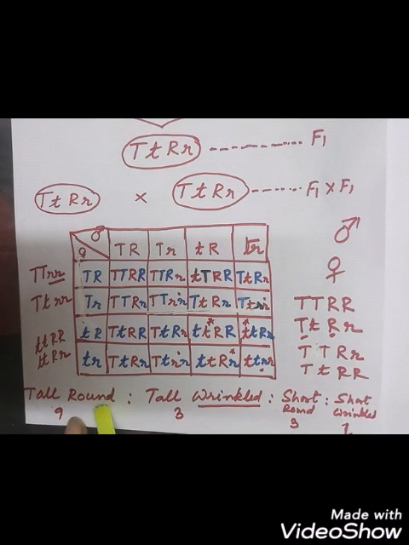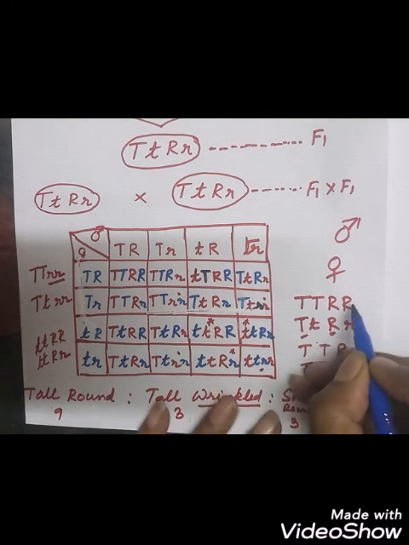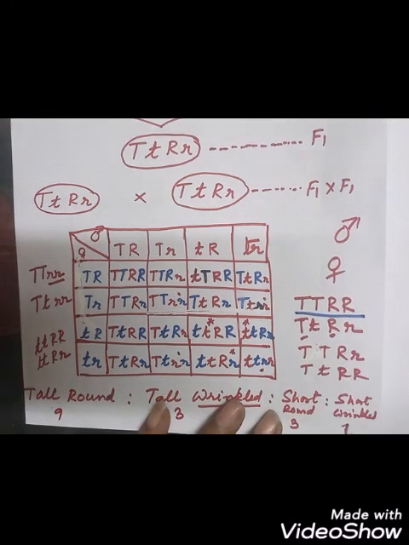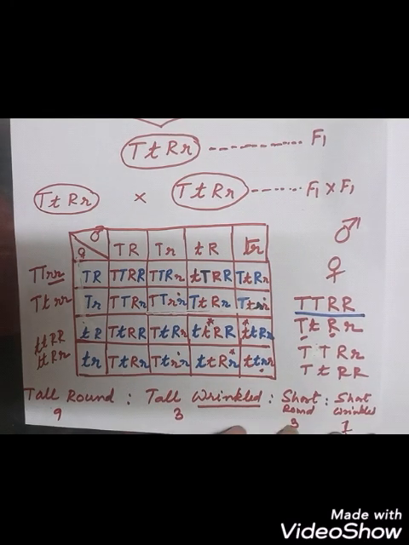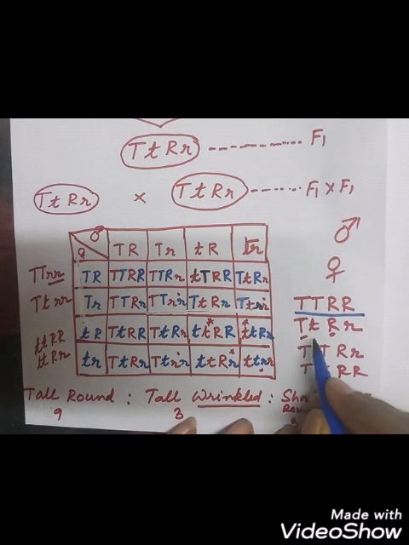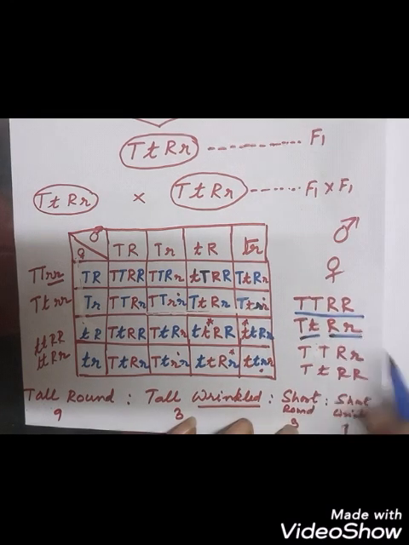First of all, we have taken the plants tall, round: tall plant and round seed. How will you find out? For tall round it can be capital T, capital R, capital R. For tall round it can also be capital T, capital R, small r in the heterozygous condition.